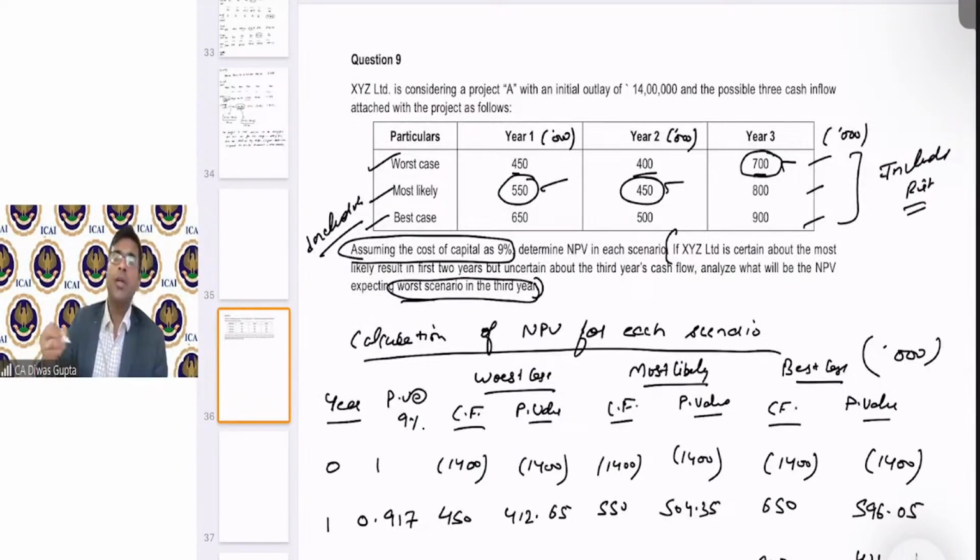It's not that risk is not included here. Okay. See, RADR and CE, certainty equivalent coefficient, these two questions are totally on a different concept, right? In general, the risk element, if not specified in the question, is included.